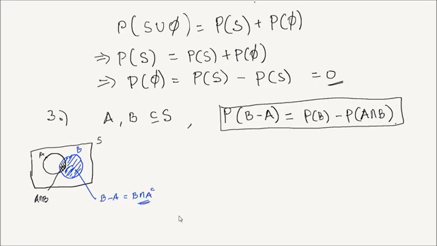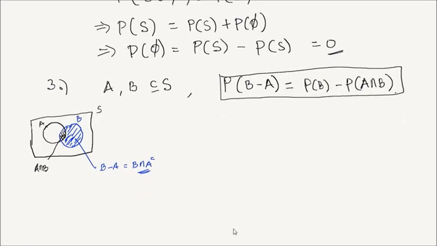We should show that. What you note from here is A intersection B and B intersection A complement, which is B minus A. Those two are disjoint, meaning their intersection is the empty set. So you see they don't really overlap.